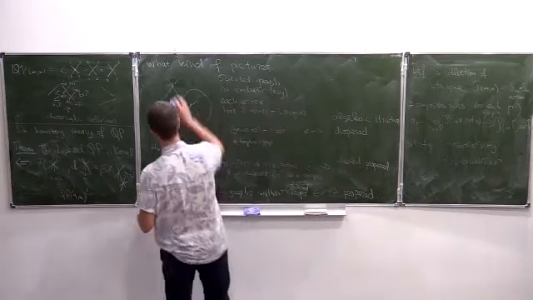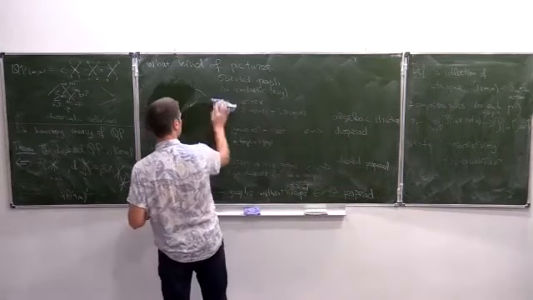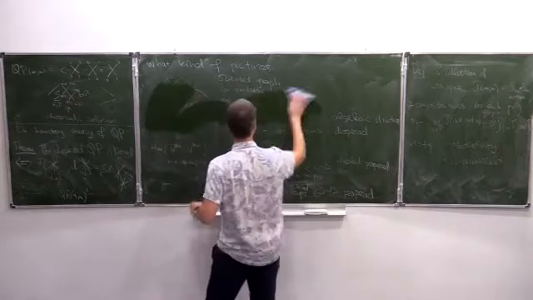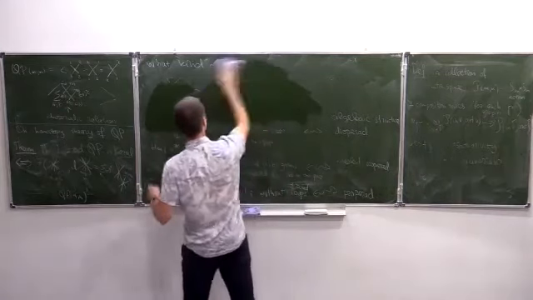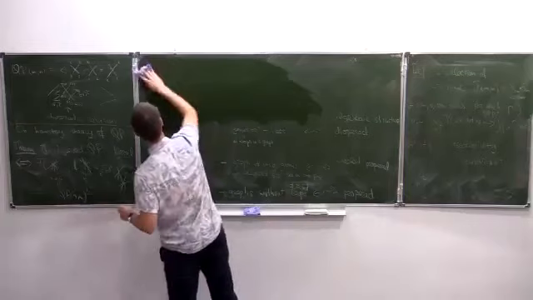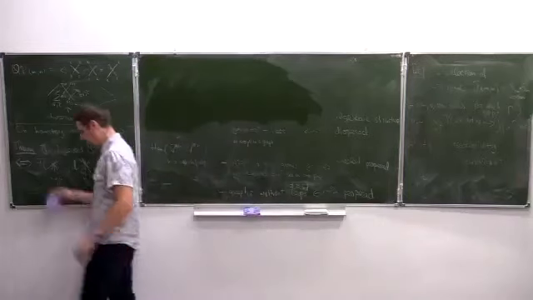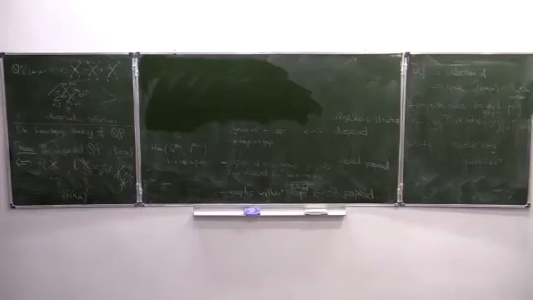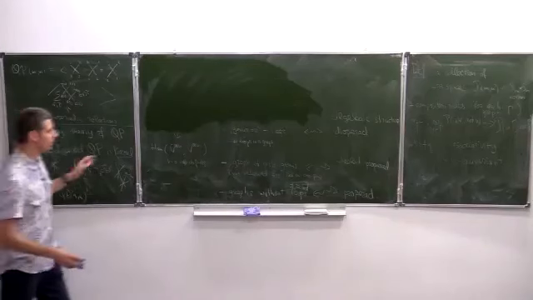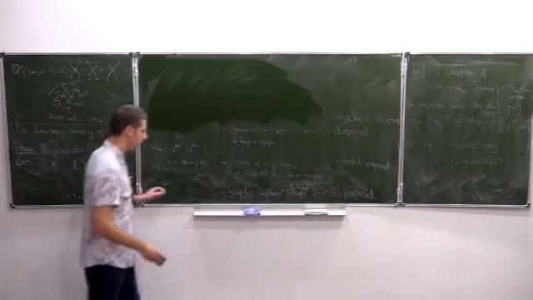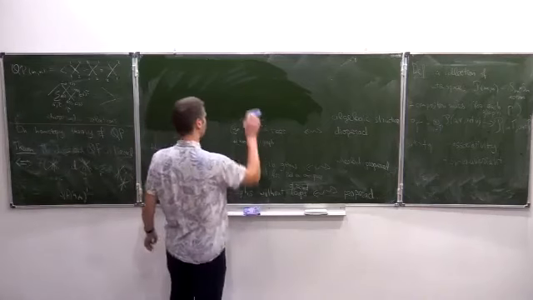Now, the next statement is a more tricky story. In order to prove this statement, you have to work out some Gröbner basis machinery. Some technical machinery, but it's not really complicated.